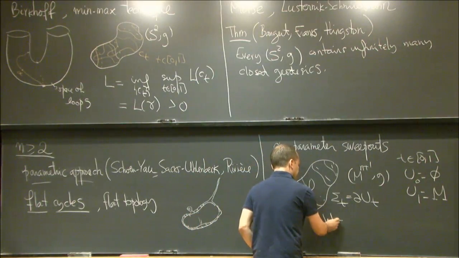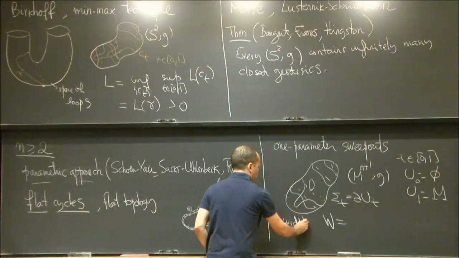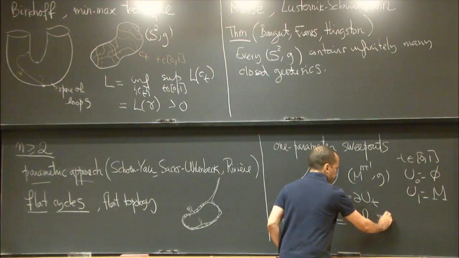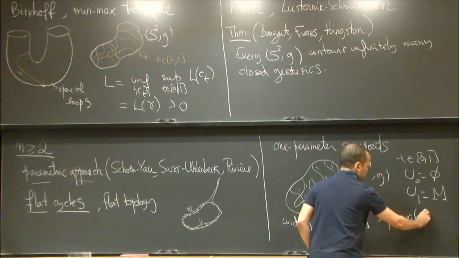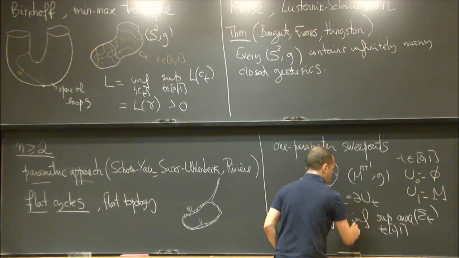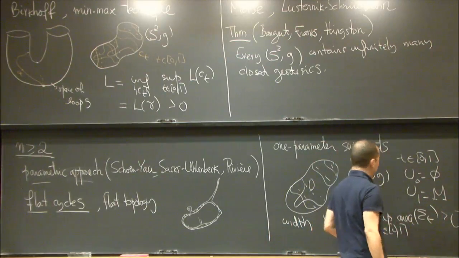So then, analogously, one can define the width of the Riemannian manifold as being the minimax number. And again, this number is easy to see that it's positive.